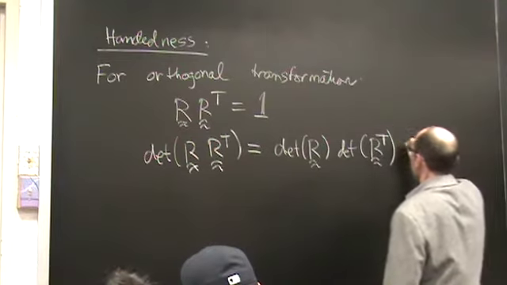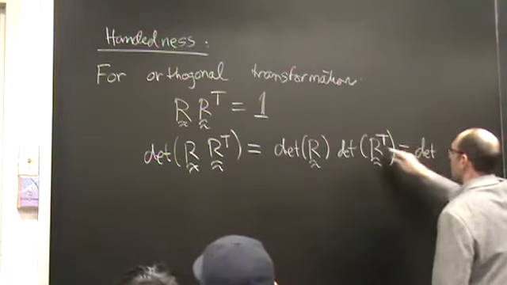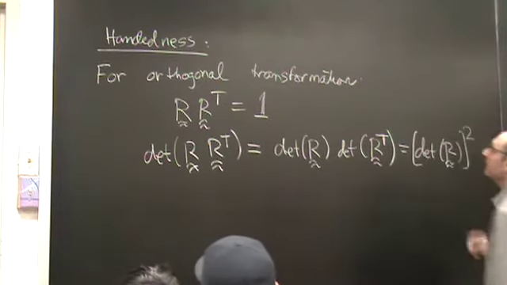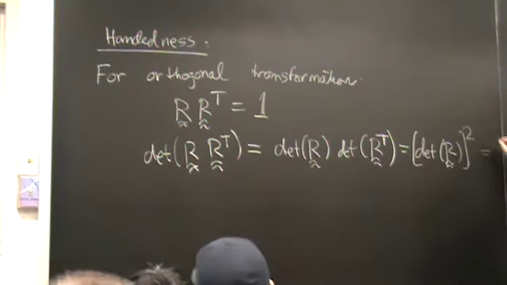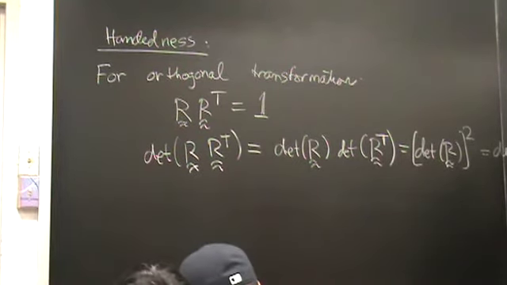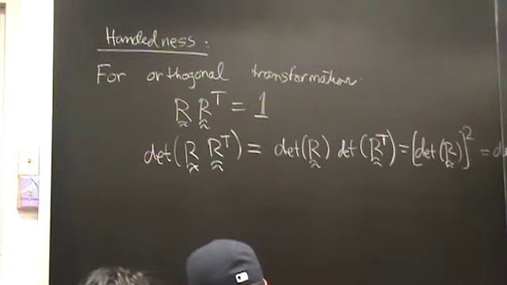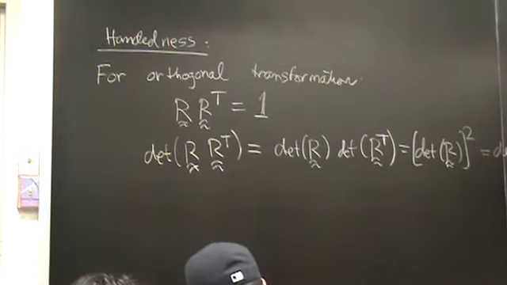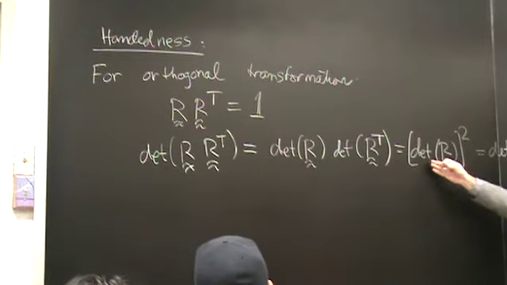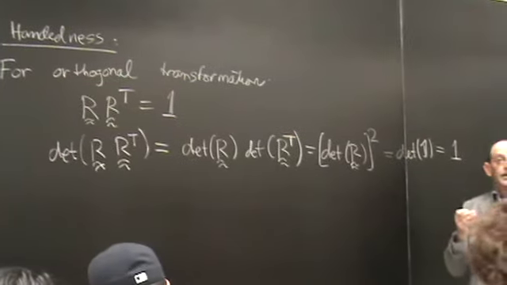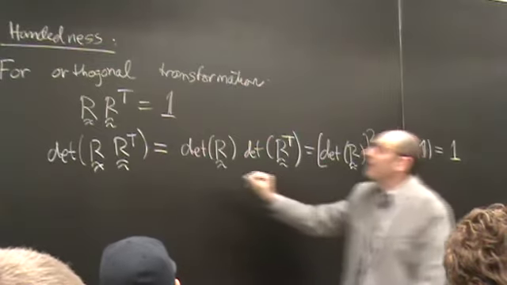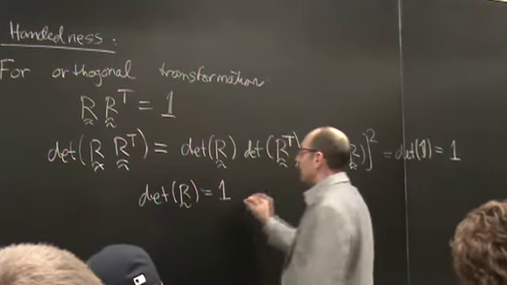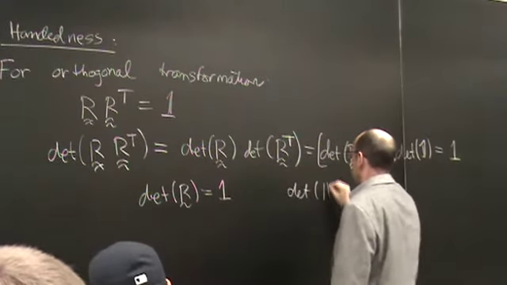And the determinant of the transpose of a matrix is equal to itself. So therefore, what I have is the square of the determinant of R is equal to the determinant of the identity, which is the product of its diagonal elements, which is 1. So an orthogonal transformation is one whose determinant squared is 1. And there's two choices. The determinant of R is 1, or the determinant of R is minus 1.